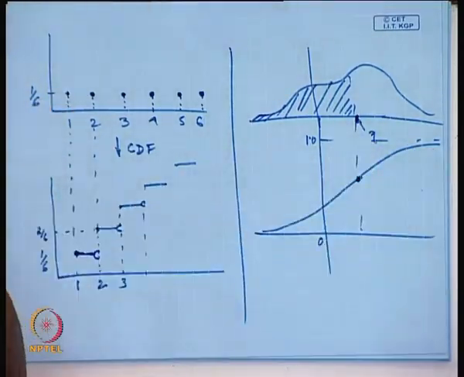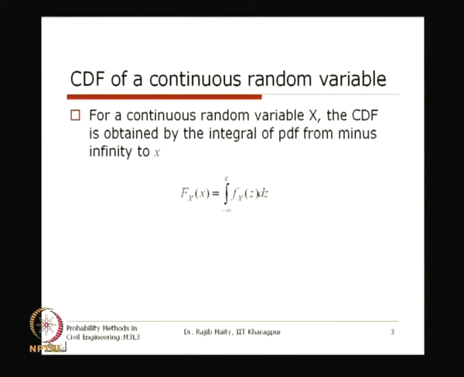This is mathematically represented here: F(x) equals the integration from minus infinity to that point of the PDF, the probability density function, and this gives you the CDF of a continuous random variable.